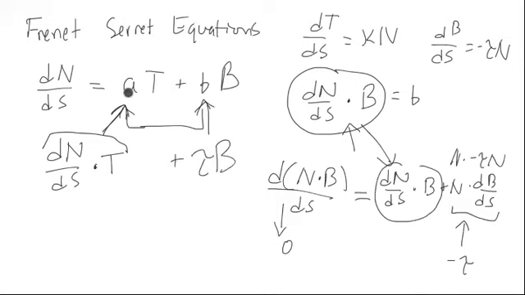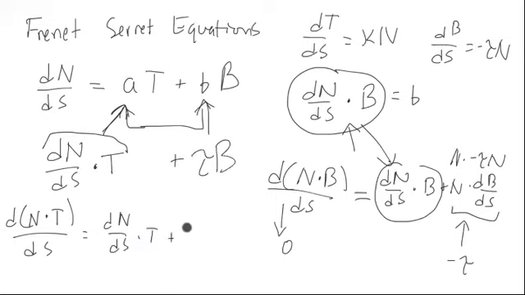Now we just have to figure out what that a is. To do that, we do something similar. We think of this as part of a product rule, and we think of N times T this time. So we have dN/ds dot T, plus N dot dT/ds.